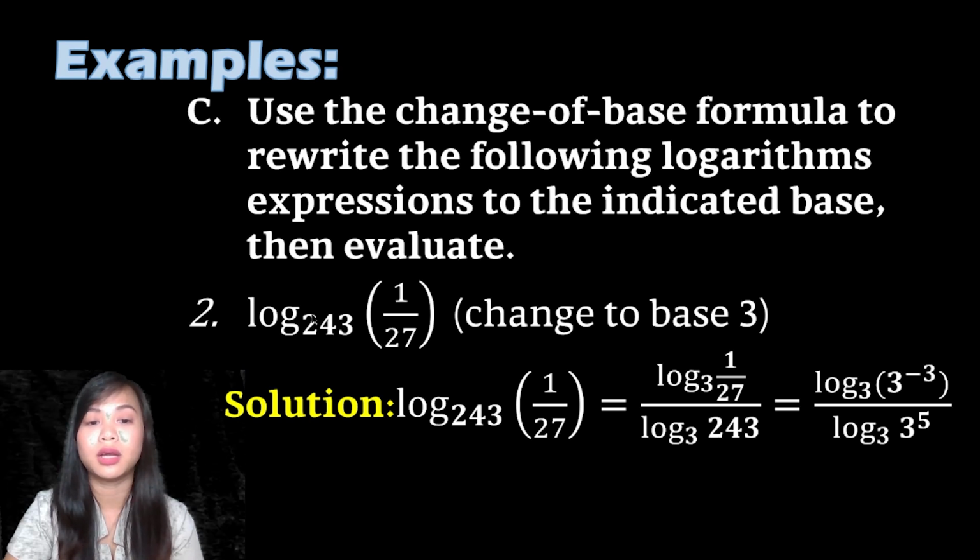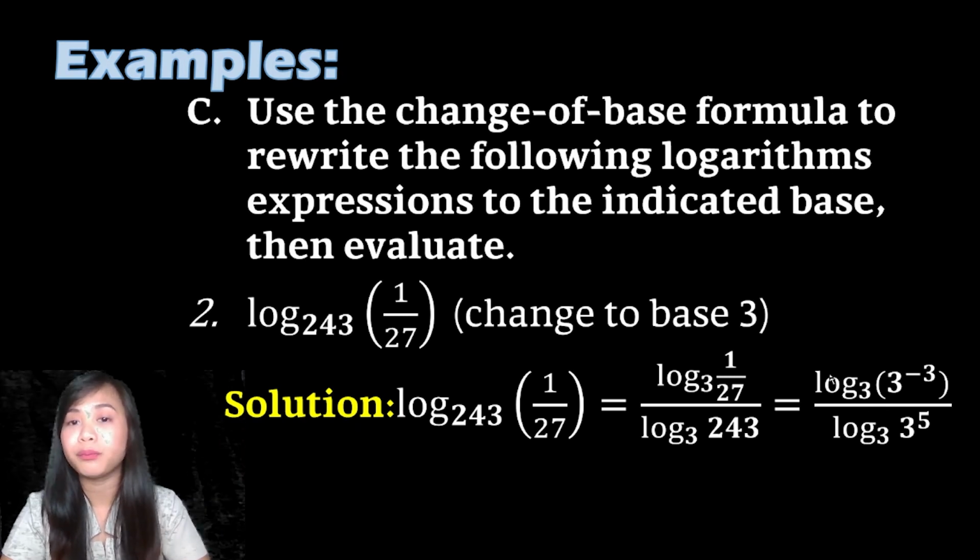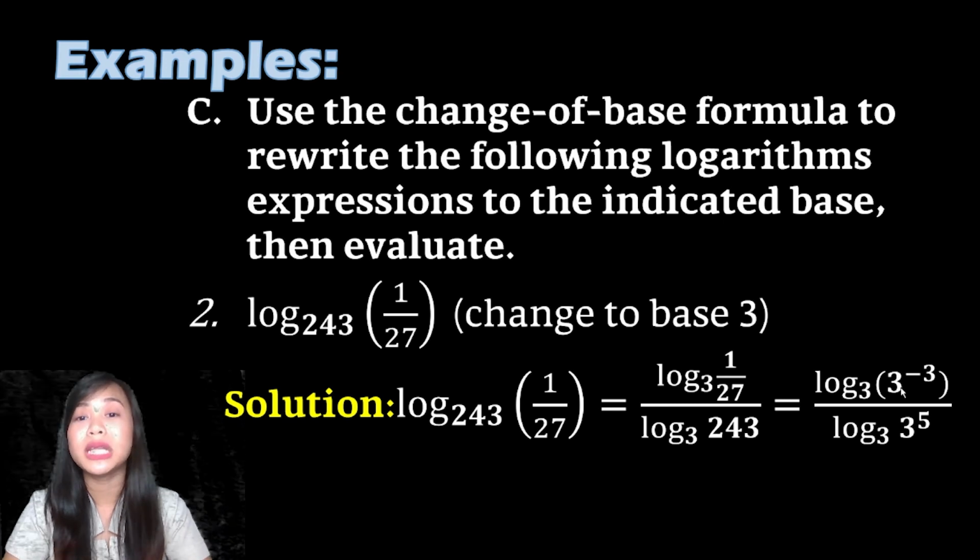So the base here becomes the power. So this will become log base 3 of 3 raised to negative 3. So our 1 over 27 is also equal to 3 raised to negative 3. So we have 1 over 3 raised to 3 here. So 3 raised to 3 is equal to 27.